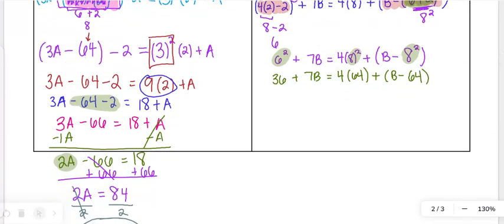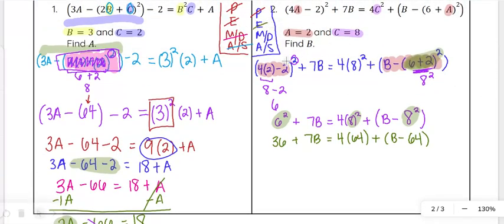At that point, we can go ahead and cross off exponents and move on to multiplication and division from left to right. I do want to also note, once you have this b minus 64 and there's no more squared or anything, because this is plus that, we can go ahead and take away those parentheses if you want to.